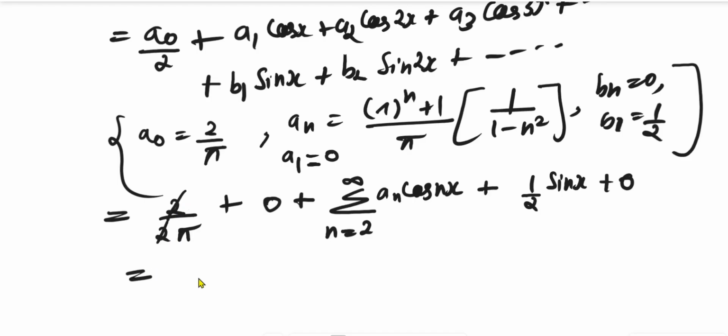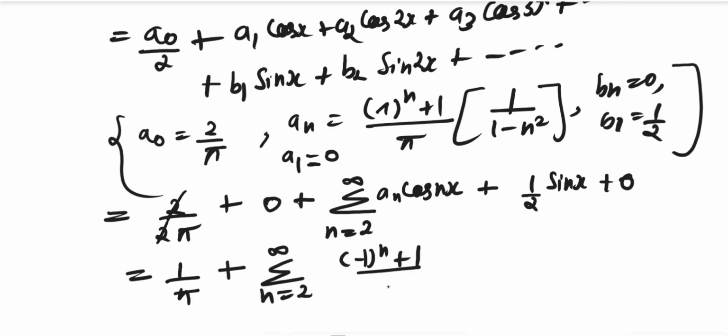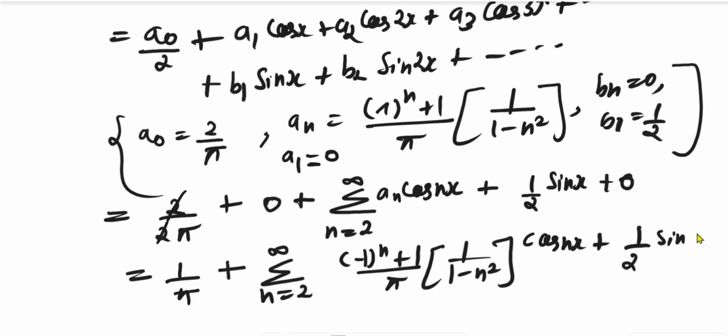So it is 1 upon pi plus summation n is equal to 2 to infinity an is minus 1 raised to the power n plus 1 divided by pi in bracket 1 upon 1 minus n square cos nx plus 1 upon 2 sin x. So this is the final Fourier series expansion for the function f of x.